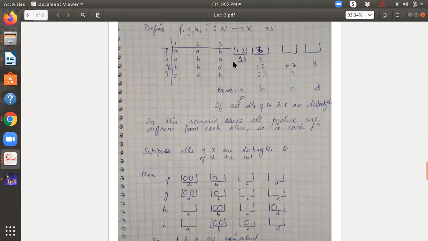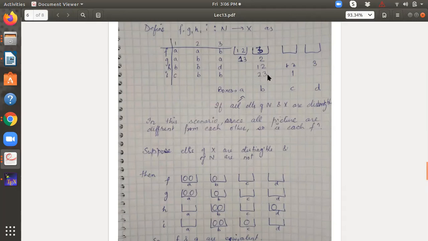Function G sends ball 1 and 3 to a box, ball 2 to a box, and two boxes it leaves empty. Function H sends 1 and 2 to a box, 3 to another box, and two of the boxes it leaves empty.